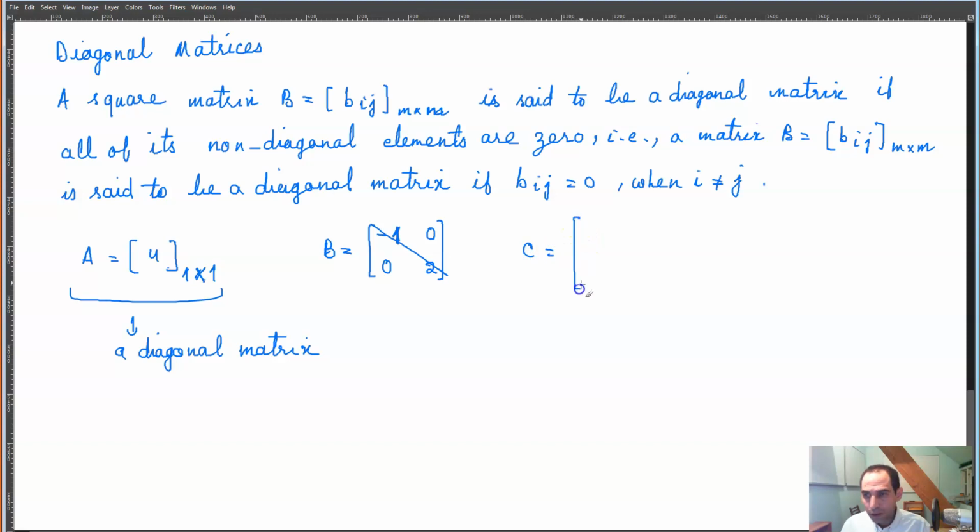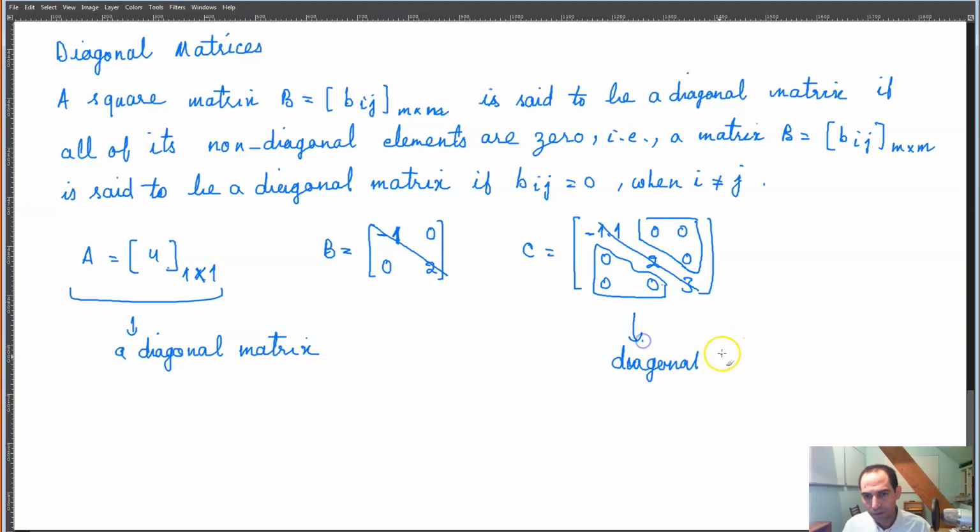Or C, as you can see, is negative 1, 0, 0, and 0, 2, 0, and 0, 0, 3. The diagonal of this matrix is this slanted line, and you can see that you have these zeros here, and these zeros here, and therefore this is a diagonal matrix, right?